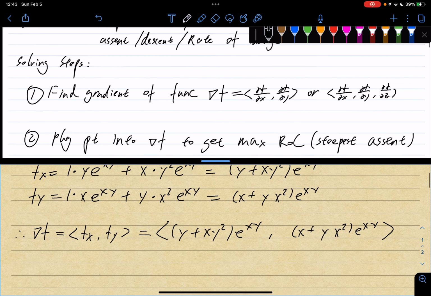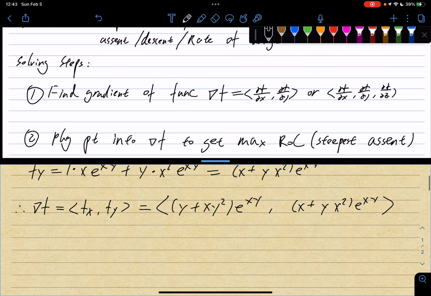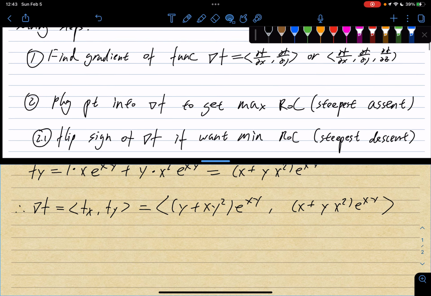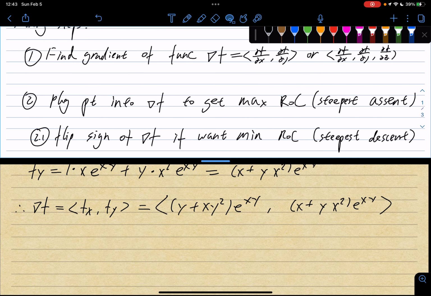Step 2 is we're going to plug the point into the gradient that we just arrived at to get the maximum rate of change. So this will be the steepest ascent. But if we want the steepest descent, or the minimum rate of change, we can simply flip the sign once we have the value of the gradient.